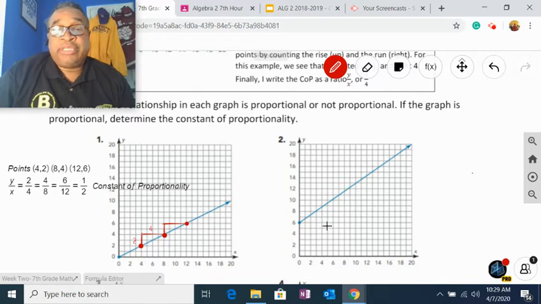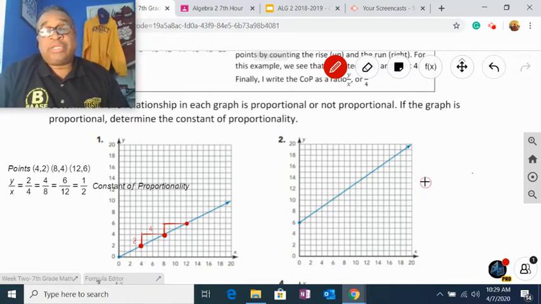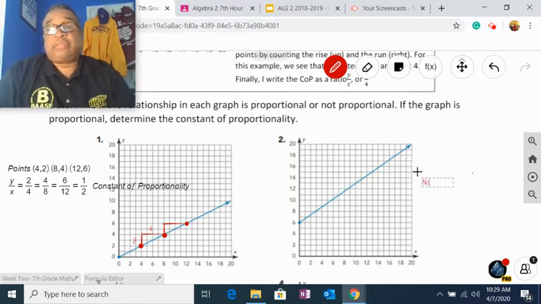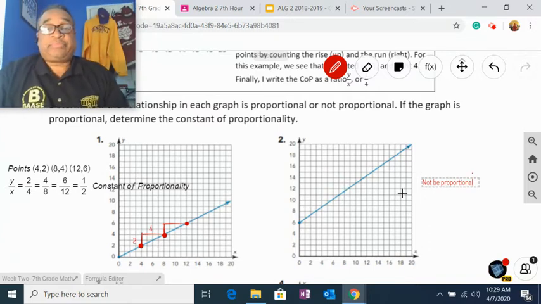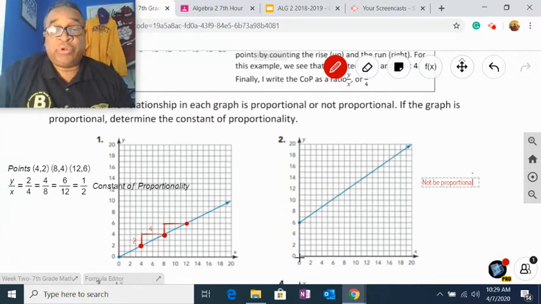And so this number 2, now this would not be proportional. Why? Because it doesn't go through 0, 0.